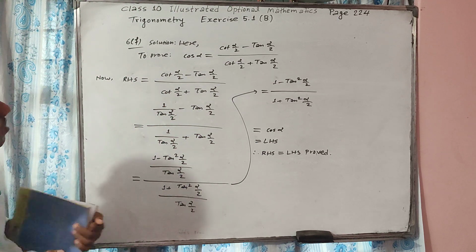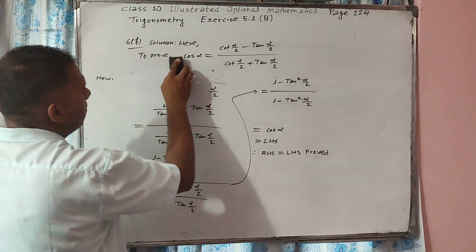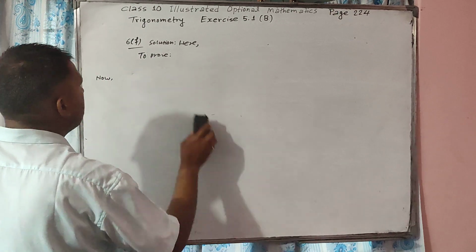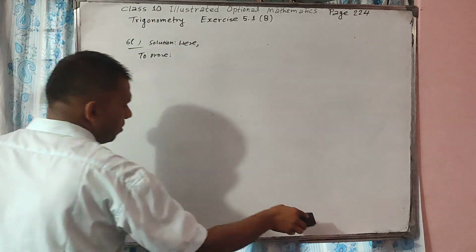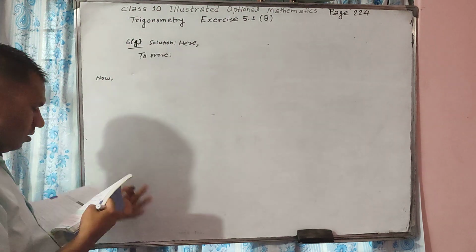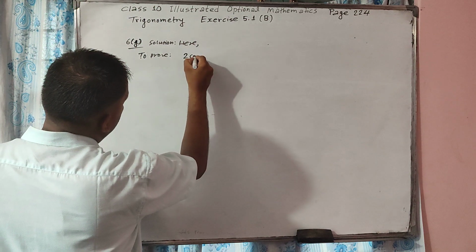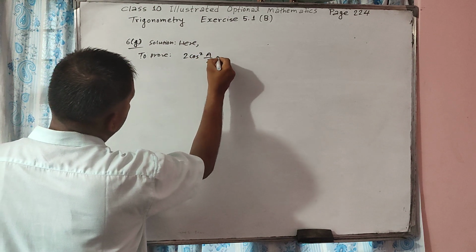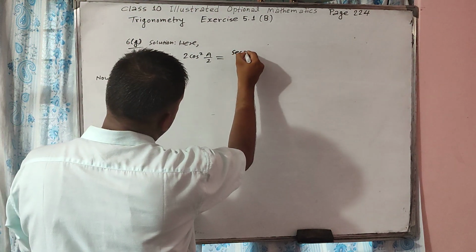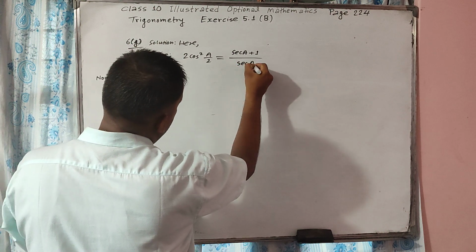Now next question 6G. We have to prove 2 cos square a by 2 equal to sec a plus 1 whole upon sec a.